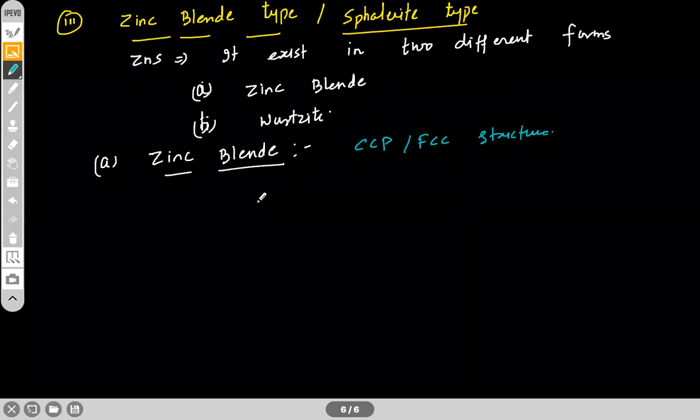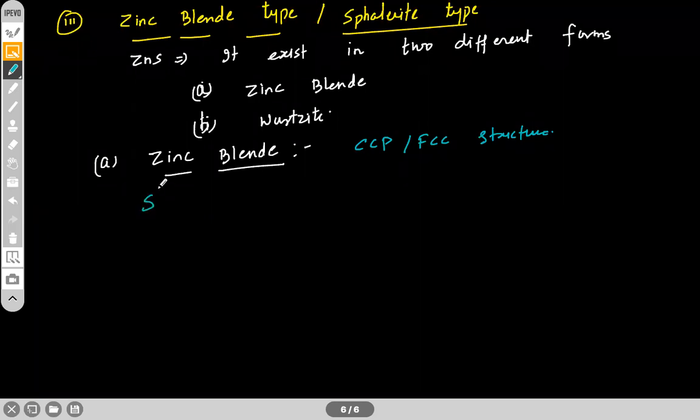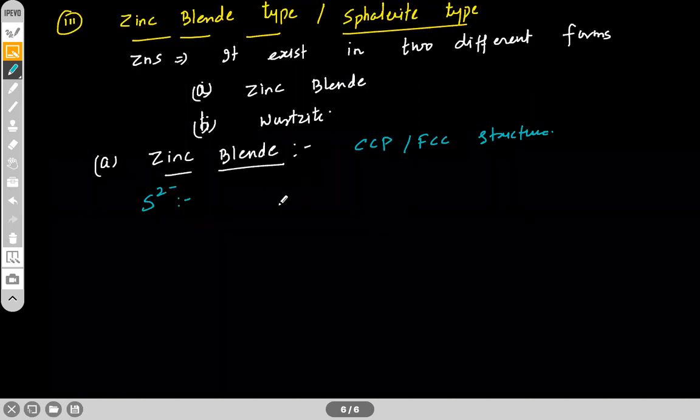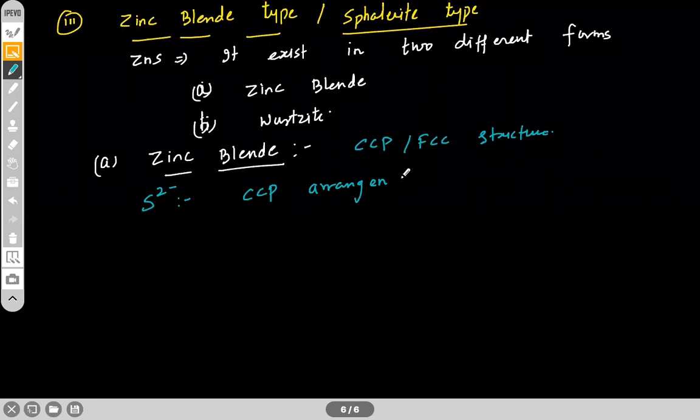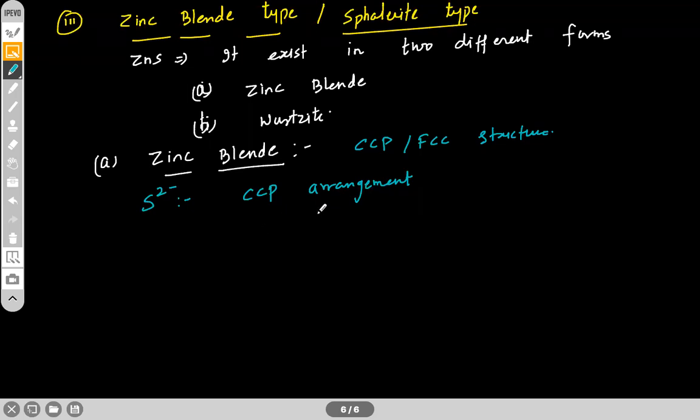In this, what happens? We have the S2 minus ion, and the other ion is Zn2 plus. The S2 minus ion forms the CCP arrangement. And CCP arrangement means it is present at the corners and face centers.